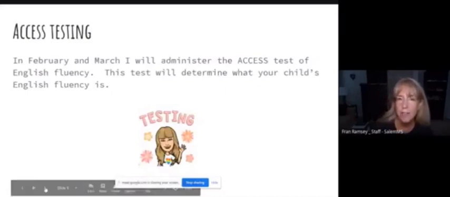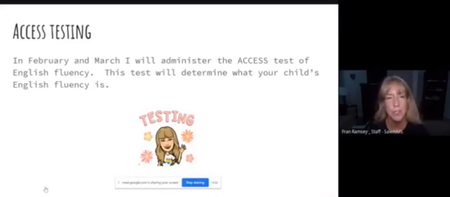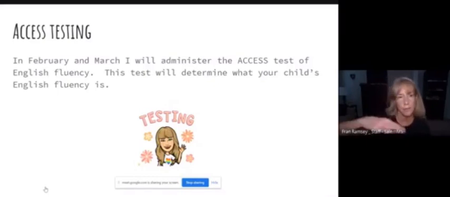And I also wanted to talk a little bit about ACCESS testing. ACCESS is the name of our English language test that we administer every year in February and March. So I'll be administering that this year. It tests their English fluency. So the test will determine what level of fluency your child has.